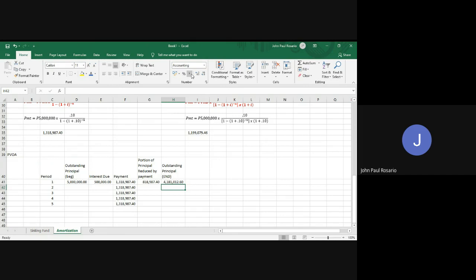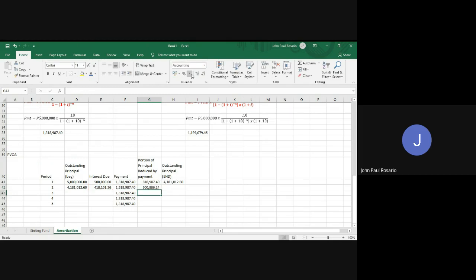Okay, so now our outstanding principal end will become our beginning principal at the start of the next period, and the process would continue. So this one, we multiply our outstanding principal balance at the beginning of the period by 10%, and then our portion of principal reduced by payment is simply our payment, and then we deduct our interest due.